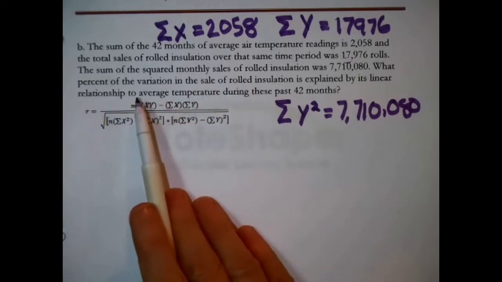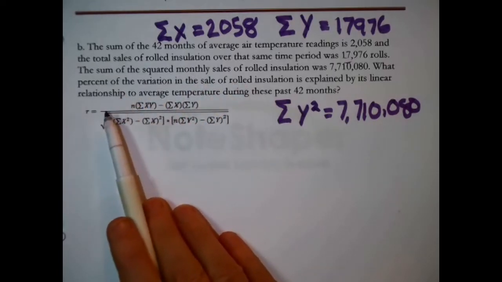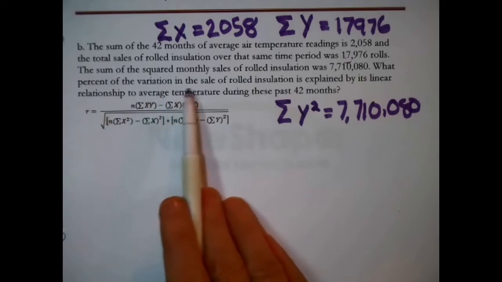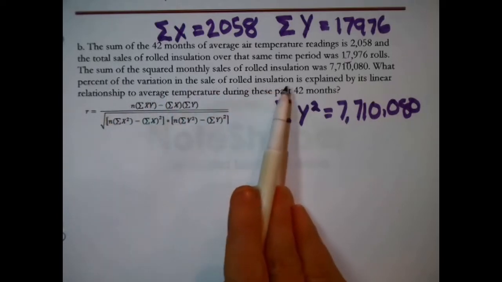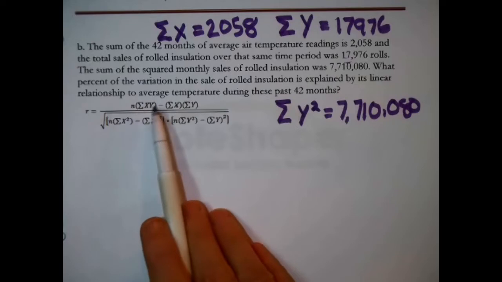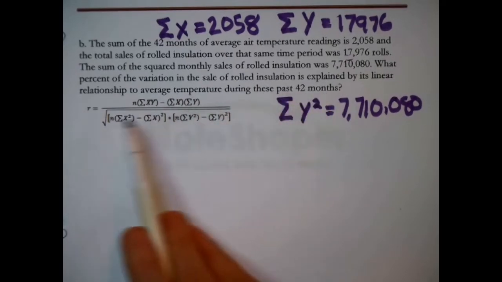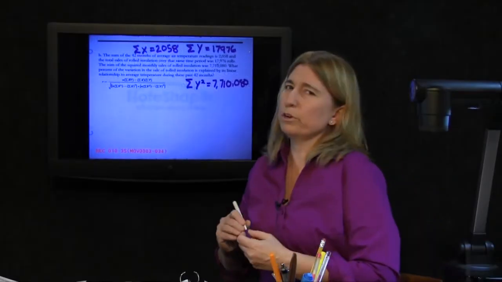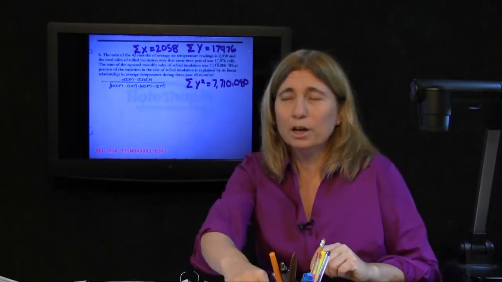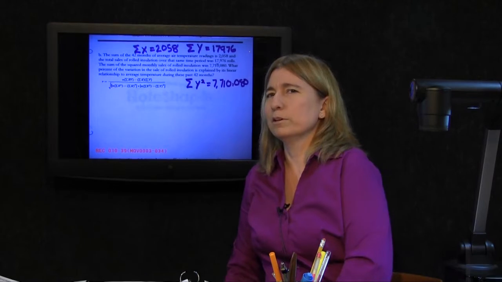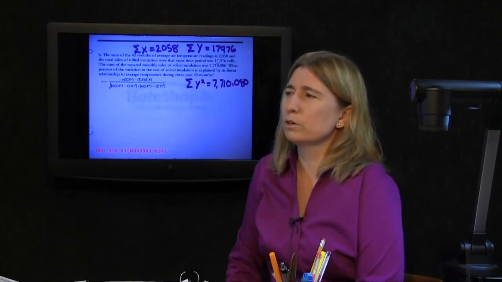What percent of the variation in the sale of rolled insulation is explained by its linear relationship to the average air temperature during the past 42 months? Oh, well, there was a formula that was put into the note frame just to be handy, so we're assuming that the answer to that question is going to have something to do with that formula.